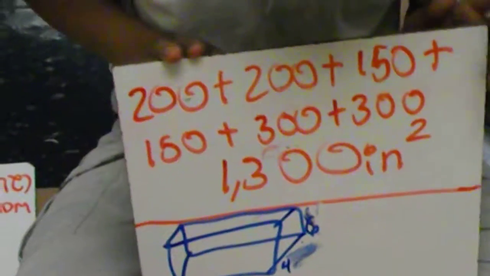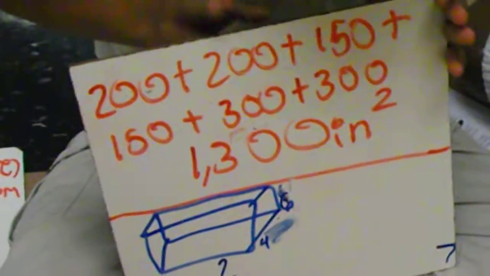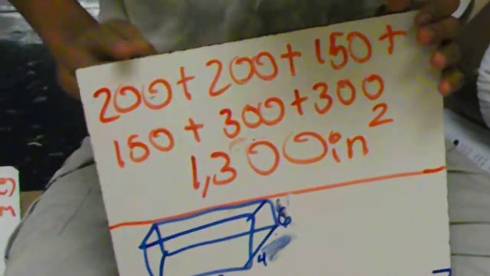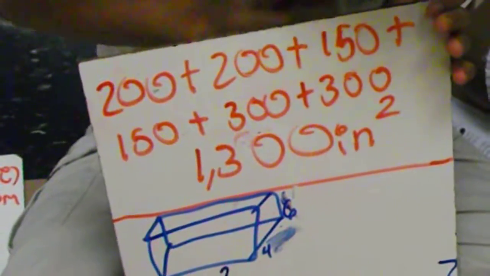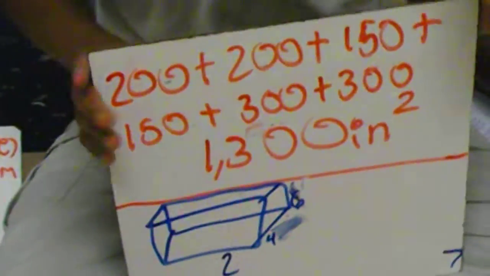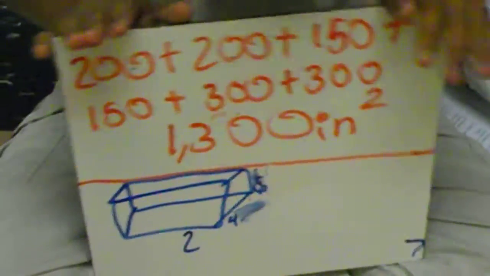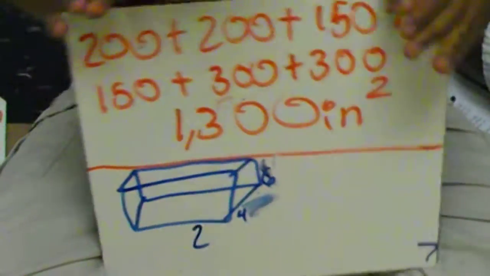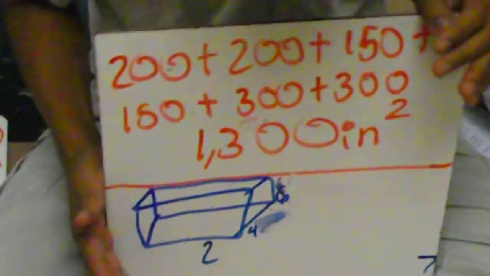Now, to review over it, you'll do 200 plus 200 plus 150 plus 150 plus 300 plus 300, and you'll get 1,300 inches squared. But before all of that, you'll have to first find out the net. Make the net and label it as usual. Label it and then label all the areas of the rectangles.